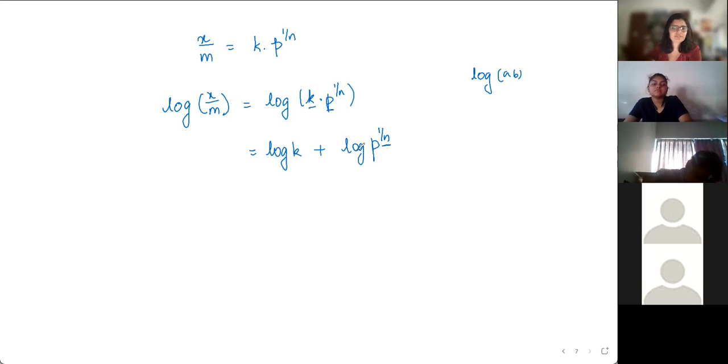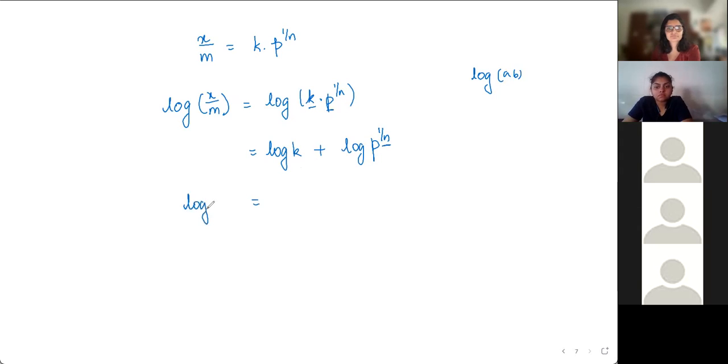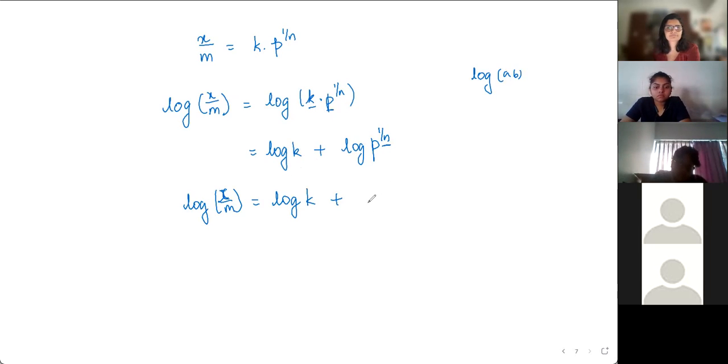Now, can I do anything with the 1 by n here? So log k is a single constant that remains as log k. Then can I simplify this in any other way? Exponent, so then Dhriti, what you said will happen. The exponent will get multiplied. This will be 1 by n into log p.